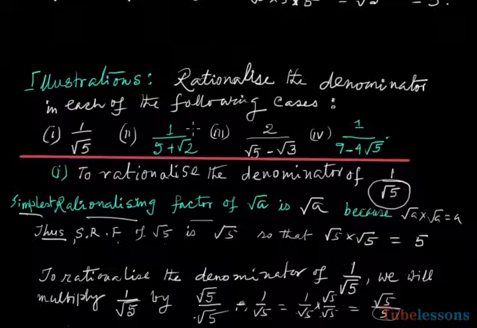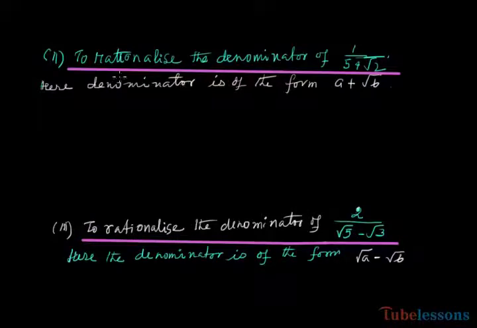Our next sum is 1 by 5 plus root 2. Here the denominator is of the form a plus root b. When the denominator is of the form a plus root b, we have to multiply with its conjugate, that is a minus root b. A minus root b is the conjugate of a plus root b.